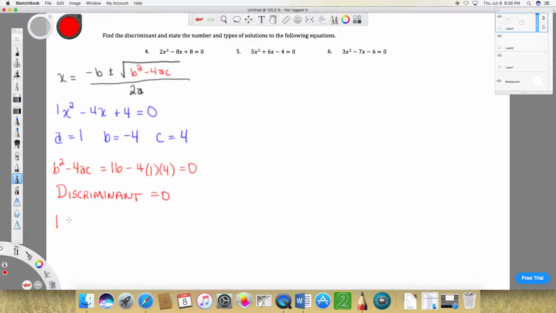So there's one, let's go ahead and call it a repeated solution. Let's not complicate things by the fact that it's repeated. One real rational solution.